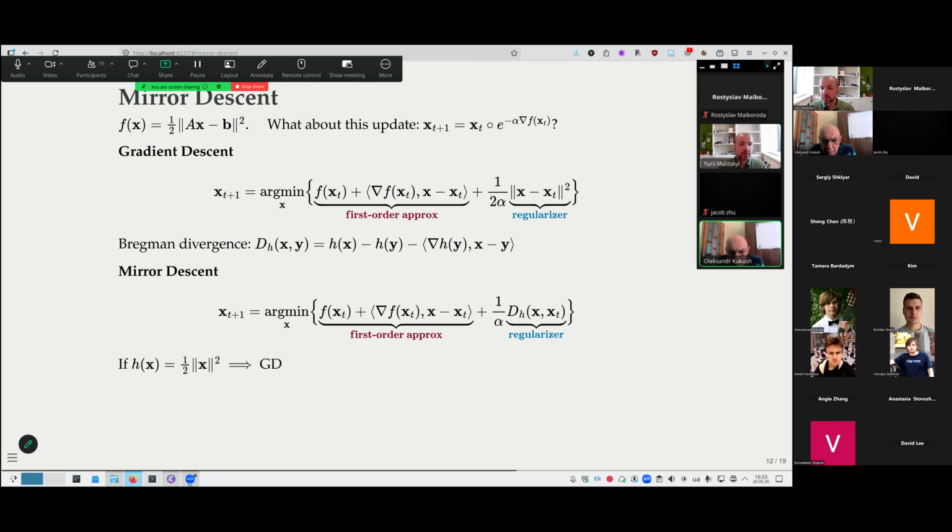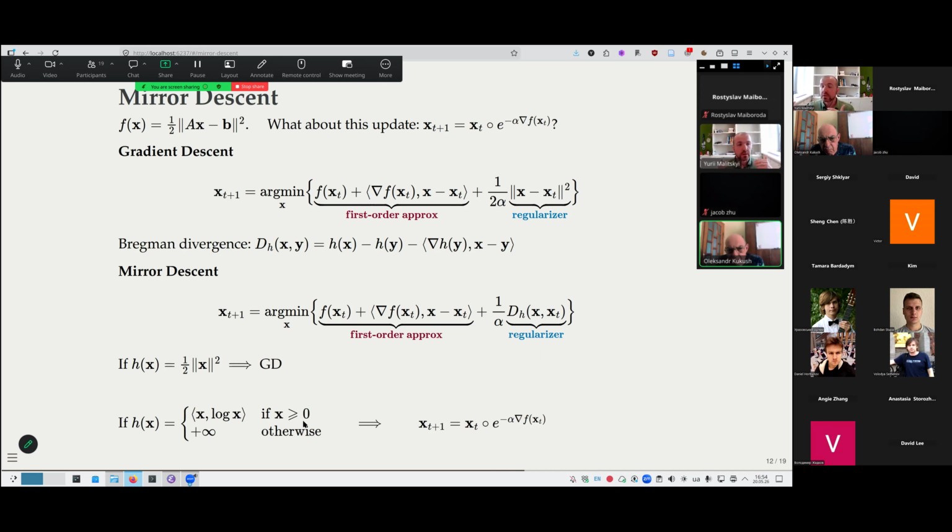If h is entropy, then we recover this algorithm. Notice that this is not the same entropy as before. This is important: before, we considered entropy over the unit simplex, now it's entropy over the non-negative orthant. So each coordinate must be non-negative. It's like two different functions.